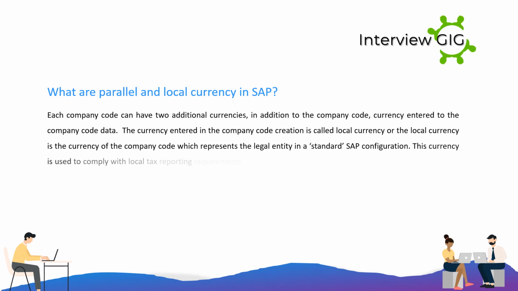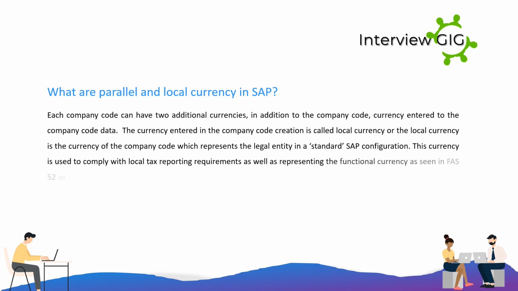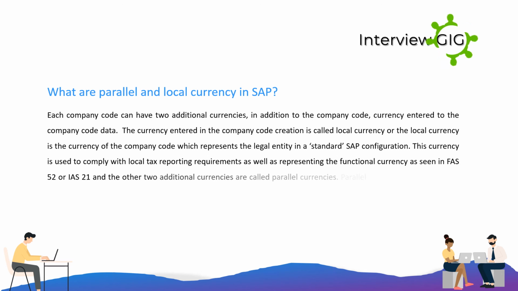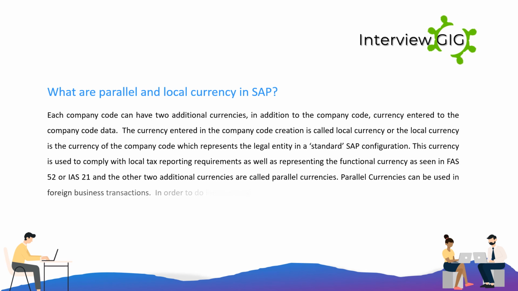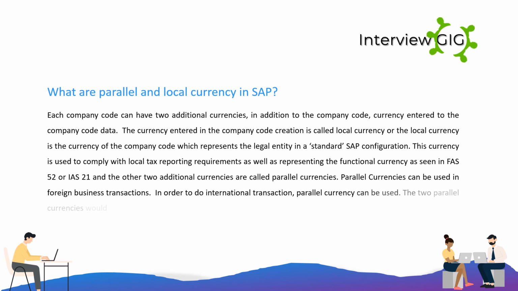This currency is used to comply with local tax reporting requirements as well as representing the functional currency as seen in FAS 52 or IAS 21, and the other two additional currencies are called parallel currencies. Parallel currencies can be used in foreign business transactions. In order to do international transactions, parallel currency can be used. The two parallel currencies would be group and hard currency.